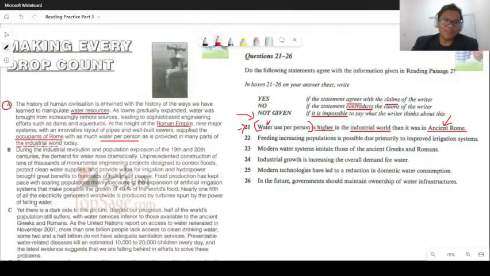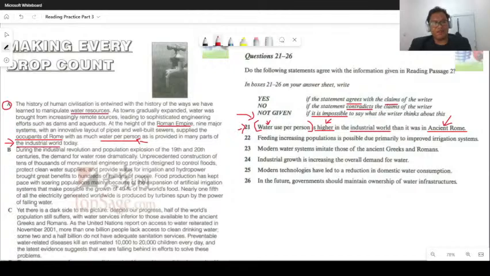So you can immediately see that most of the keywords have been found. One keyword we have not yet identified. We might have missed it, or it might have been written differently, right? But let's take a closer look. So first is water per person. We got that, written exactly like it is. Industrial world, written exactly like it is.